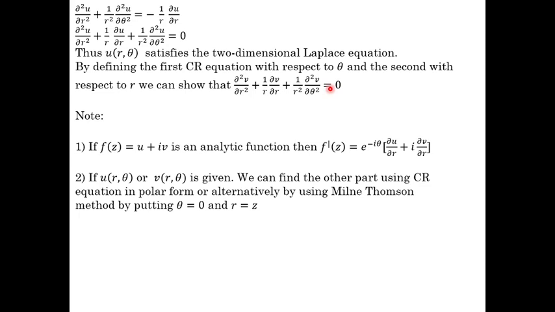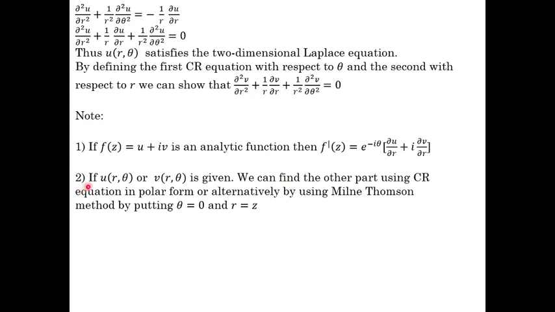That formula is f'(z) is equal to e^(-iθ) (∂u/∂r plus i ∂v/∂r). This is the differentiation formula in the polar form.